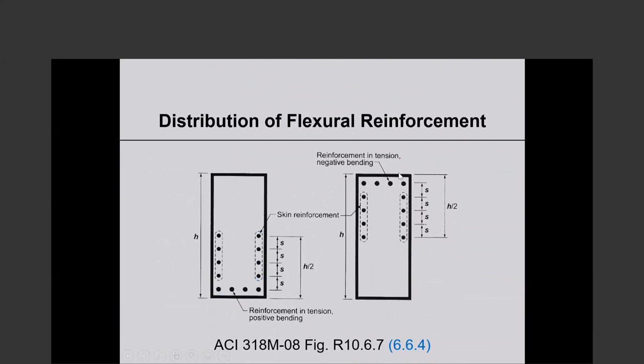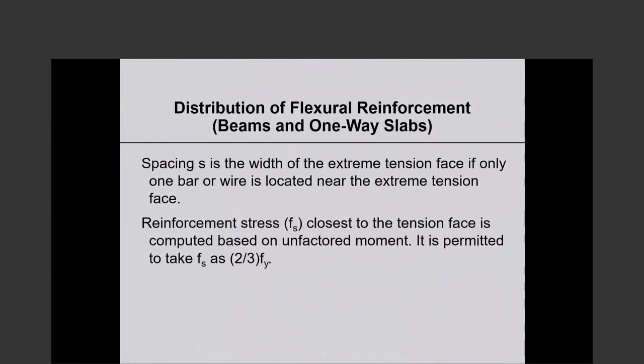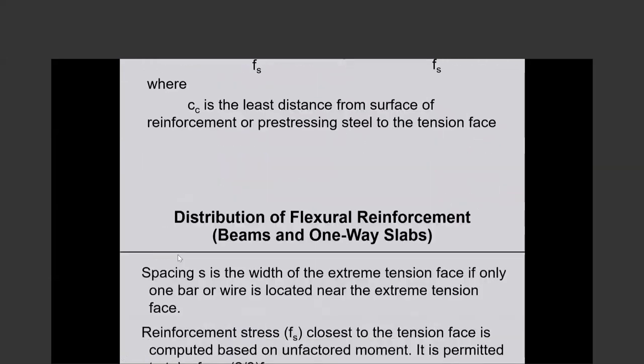If this is the tension face, then the skin reinforcement will be provided as in the right-hand picture. Uniformly distributed on both faces of the member over H over 2 from the tension face. Spacing is the same as this spacing. Okay, so the spacing of skin reinforcement is the same as the spacing given by these expressions.